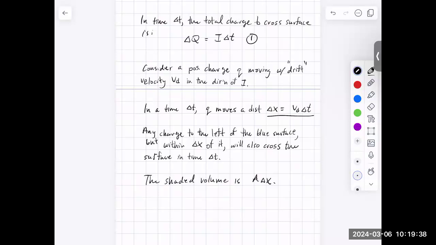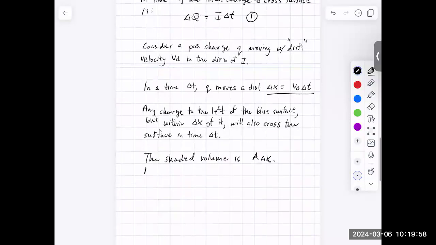So that's a number density. If we know the number of electrons per unit volume, and we have a volume A delta X, the product of those two tells us the number of electrons in that shaded region, and that's the number that will cross the surface in time delta T.